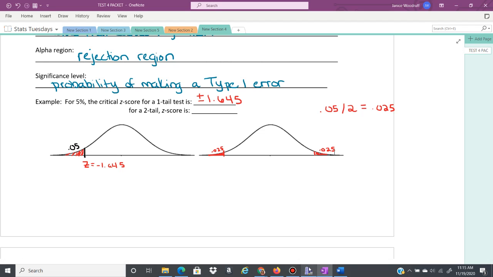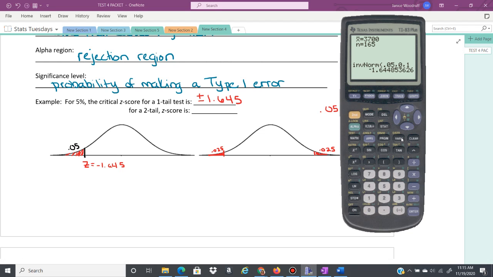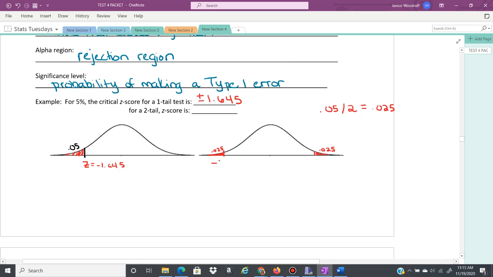Same thing: second distribution, inverse norm, 0.025, 0, and 1. And that gives me negative 1.96. So this z value would be negative 1.96, and this z value would be positive 1.96. So my z-score here, I would just use the positive when I'm doing my calculations, 1.96.